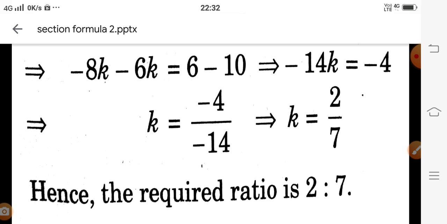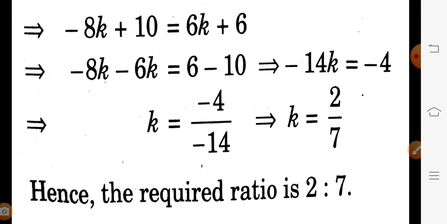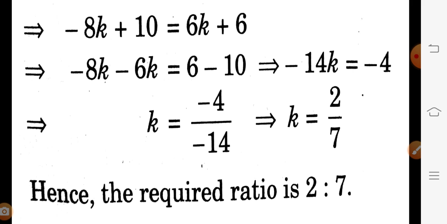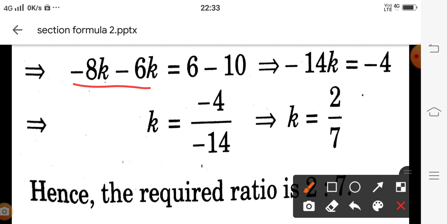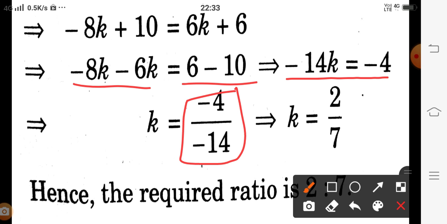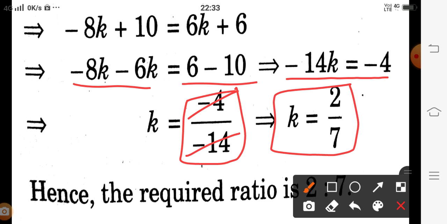Taking the like terms on the same side, we get minus 8k minus 6k, and taking the 10 on the other side, 6 minus 10. On solving, we get minus 14k equal to minus 4, and k is equal to minus 4 upon minus 14. On solving, you get the same value.